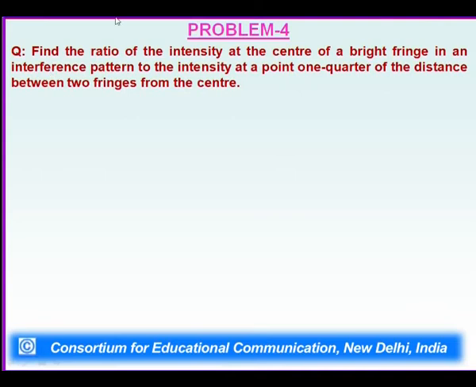Next problem, find the ratio of the intensity at the center of a bright fringe in an interference pattern to the intensity at a point 1/4 of the distance between the two fringes from the center.